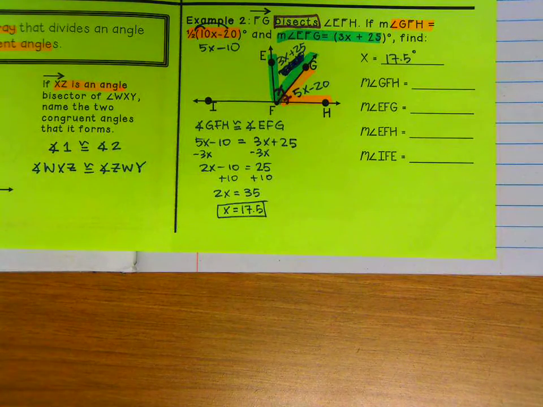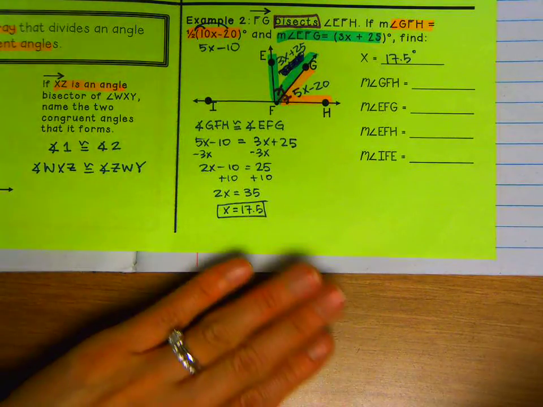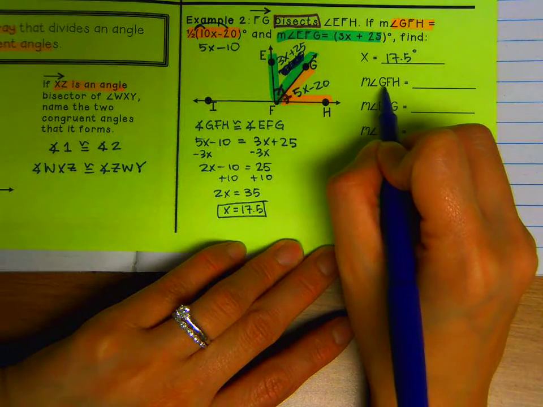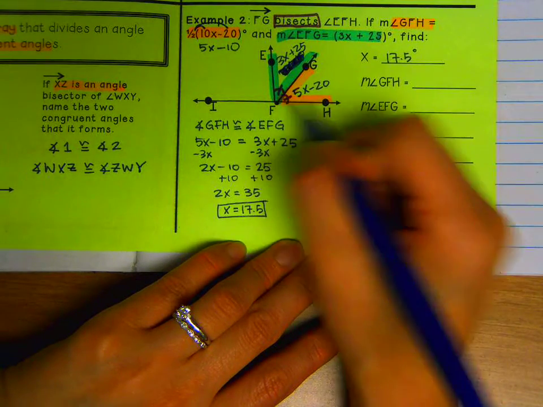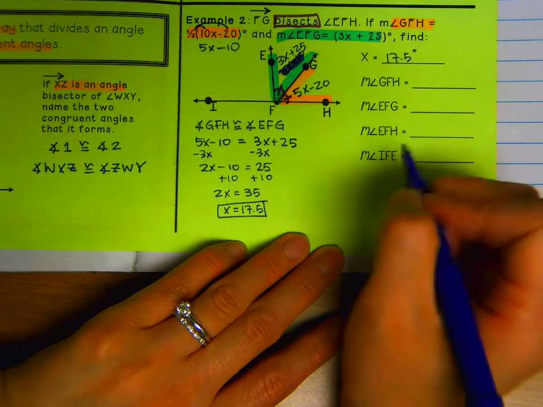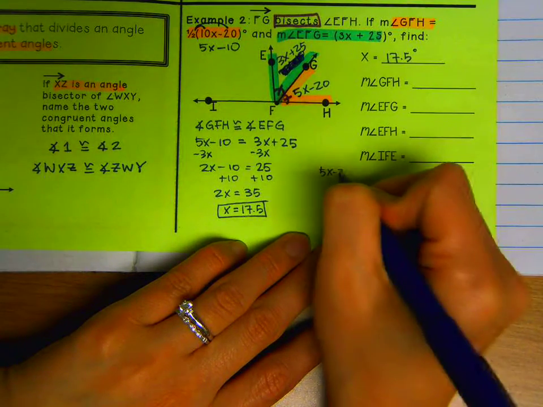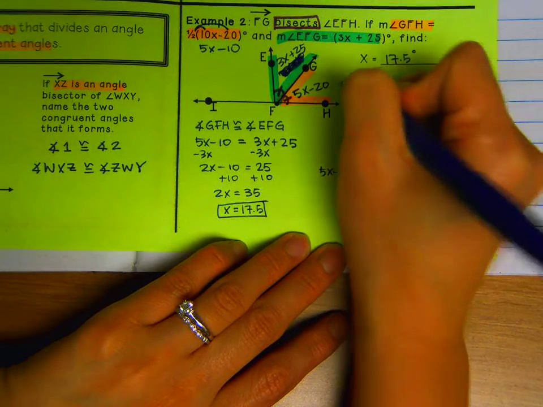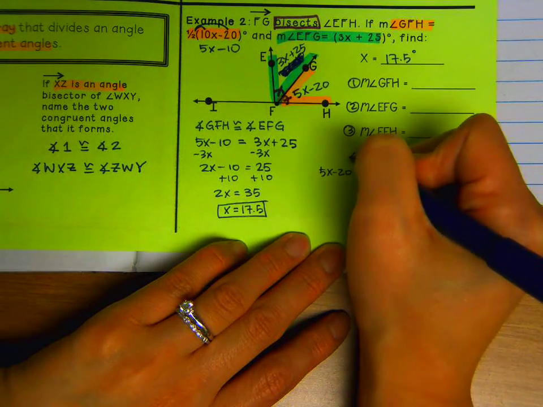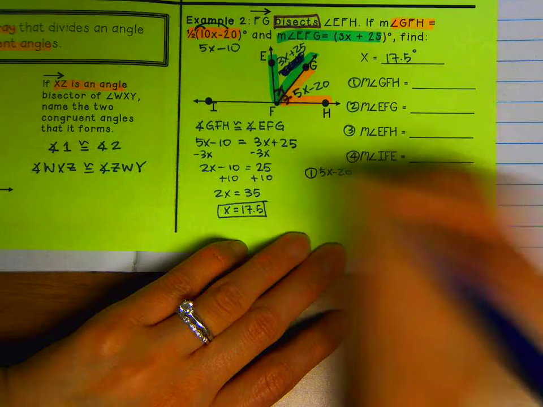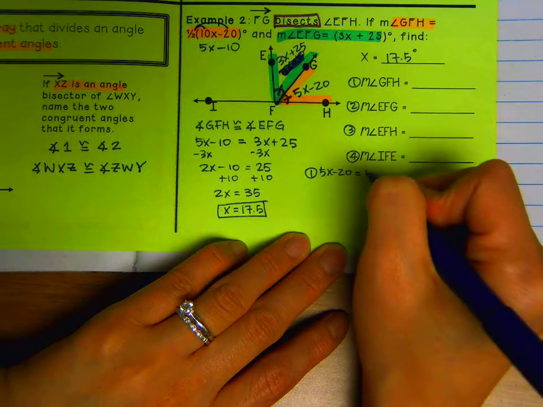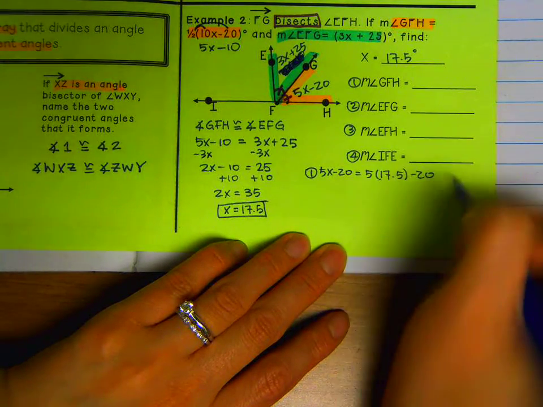Then we have to find each angle measure. Looking at GFH, this is 5x minus 20, so 5 times 17.5 minus 20.